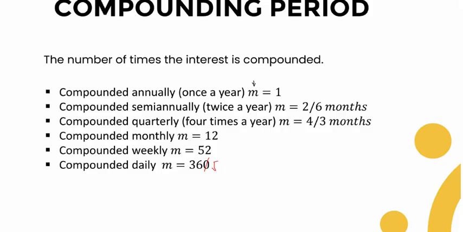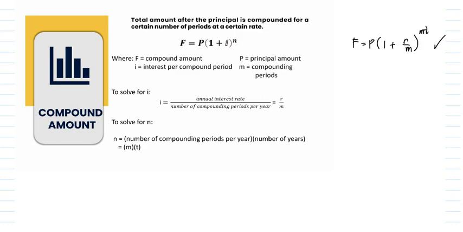And then we also had the formula that we are using for compound amount. So basically, yung compound amount natin is going to be our pinaka future value na. That is composed of our compound interest plus the principal amount. So this is the formula that we are using. So sa mga formula, actually, we have different variables that we are using.